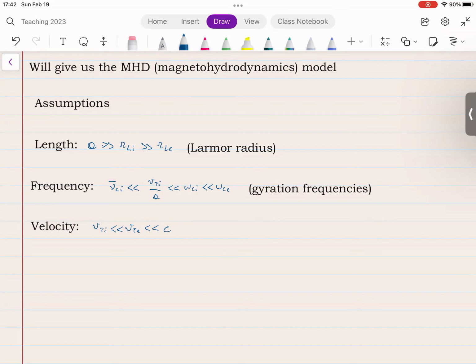Now, it may not be terribly obvious, but the step that will work here is that formally we can neglect electron inertia, or take the limit for the mass of the electrons going to 0.